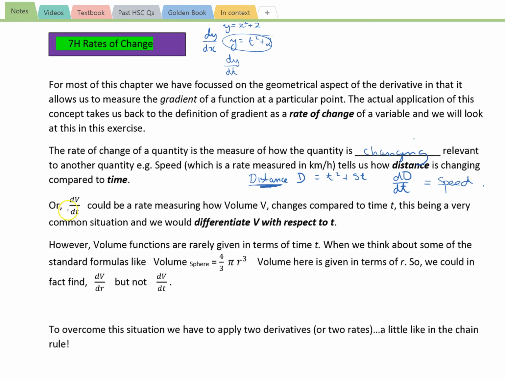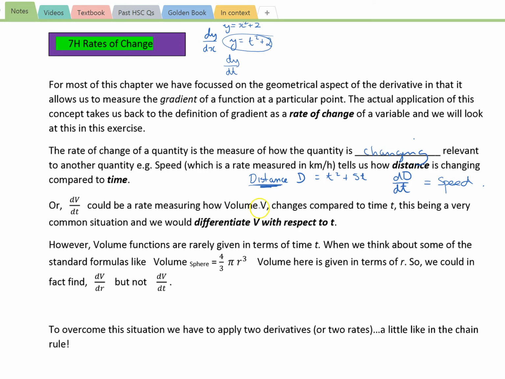Another example is if we had an expression for volume, and we called it V, and this is the volume, say, of water in a tank. We're trying to fill a tank, or the water in the pool, we're filling the pool.